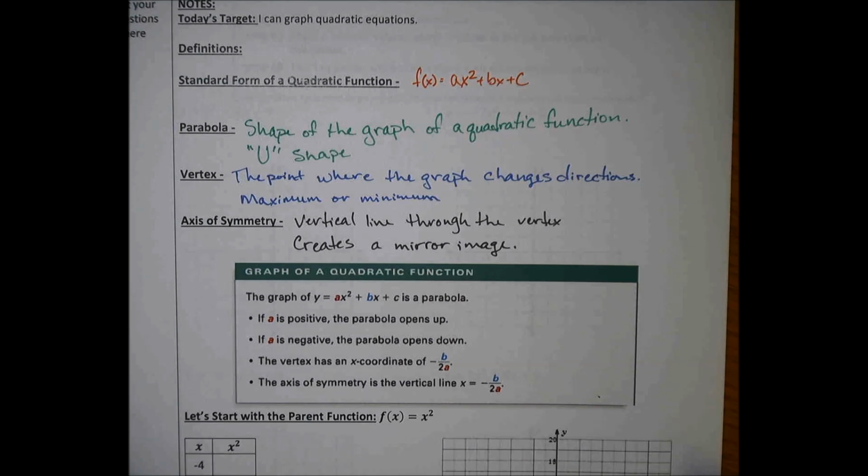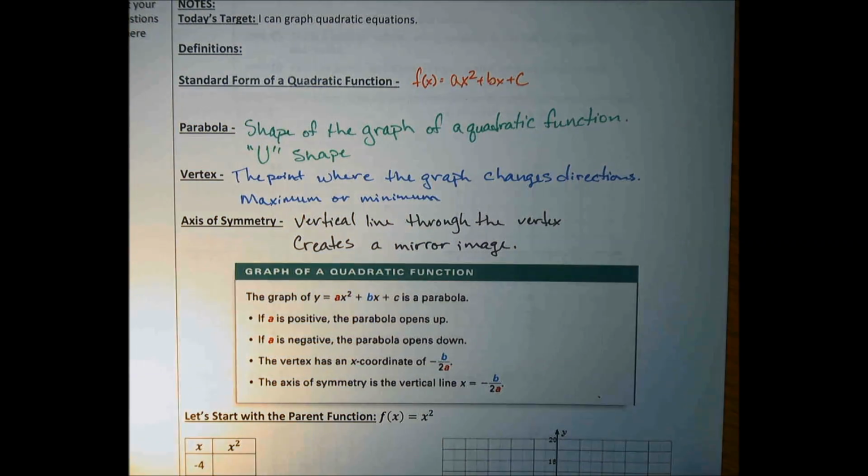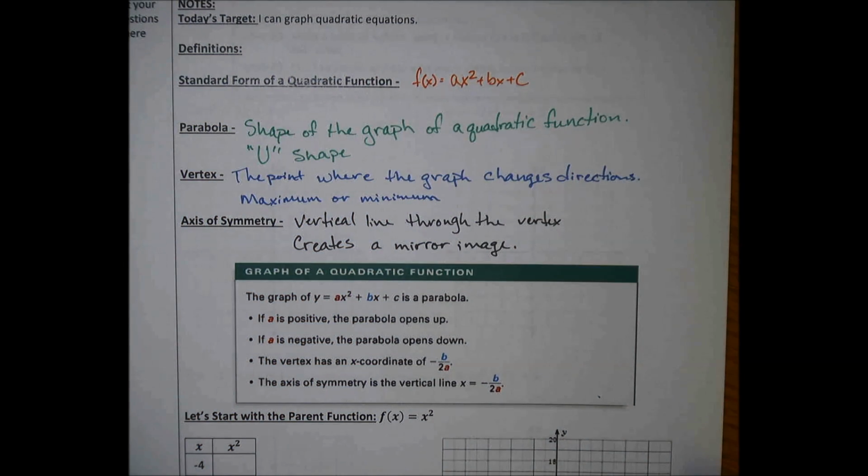Now, let's go ahead and read through this little thing in the middle of the page that talks about the graph of a quadratic function. What it says is that the graph of the quadratic function is a parabola, and if the a value is positive, it opens upwards, and if it's negative, it opens downwards.